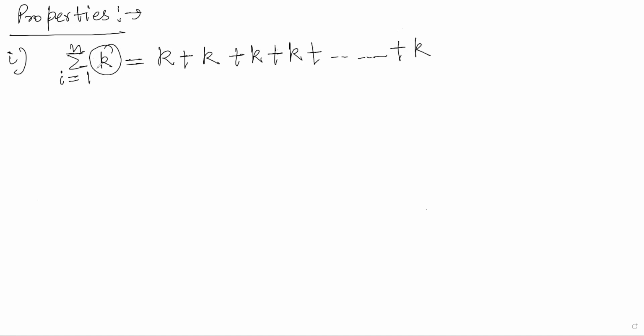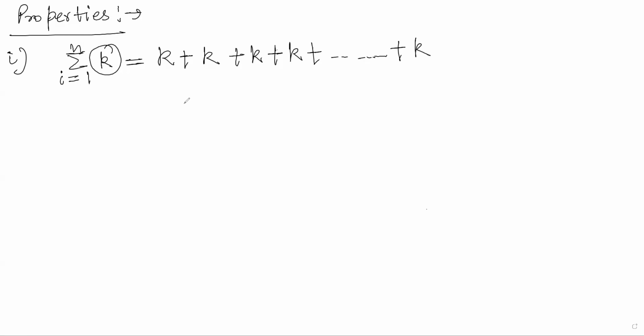So you will write k when i is 1. You will write k when i is 2. You will write k when i is 3. Similarly, you will write k when i is n, because this function does not depend on i. So the value of this function will always be the same.